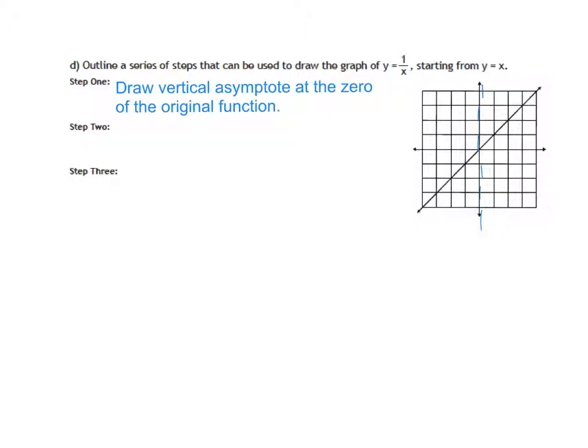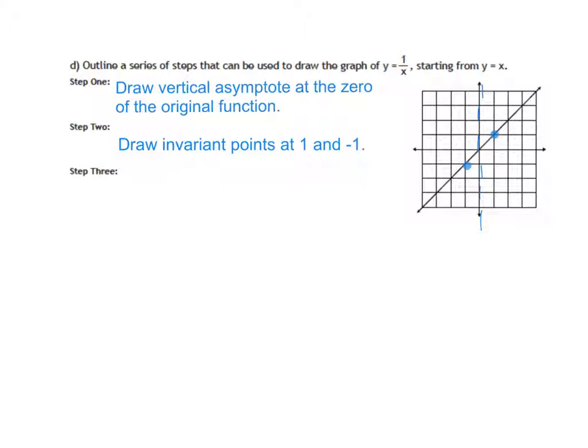So that's the next step, the invariant points. Draw invariant points at 1 and negative 1. Here we have 1 and negative 1. Those are the 2 points where the original function, the y value of it, is equal to 1. Because when you take the reciprocal of those, they don't change.